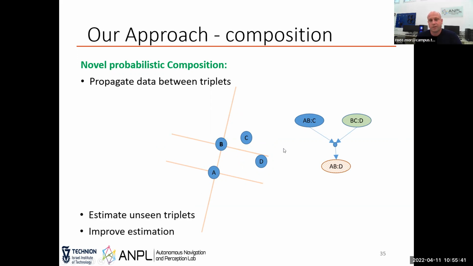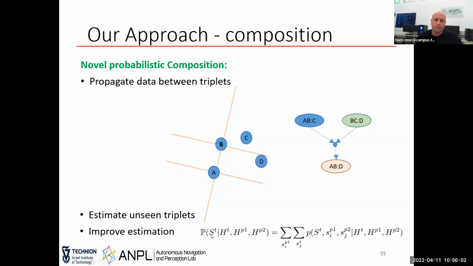So we can estimate even if we never measured A, B, and D together. We can still estimate the qualitative state of landmark D in the AB frame using the other triplets we measured.